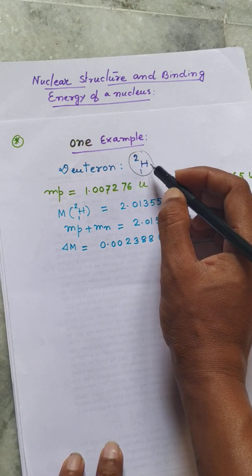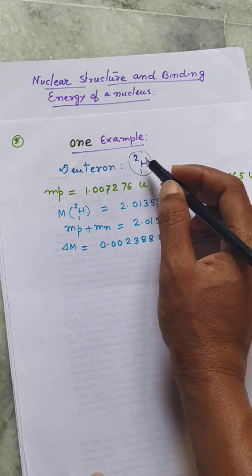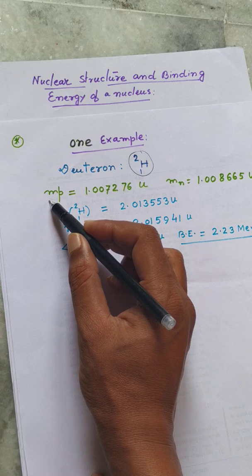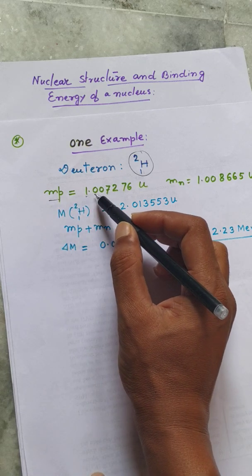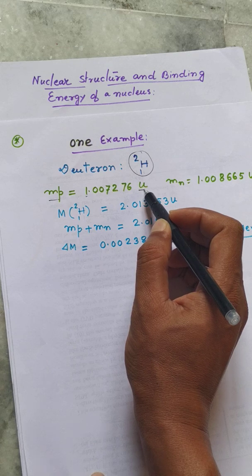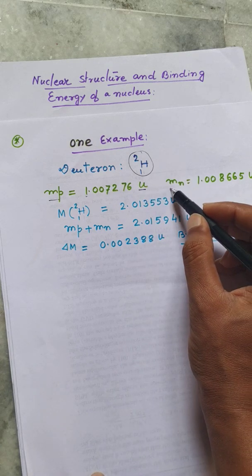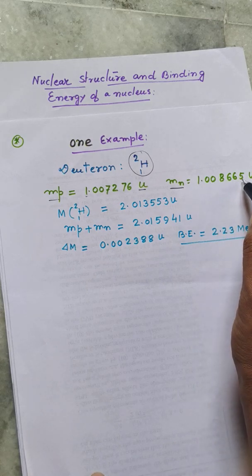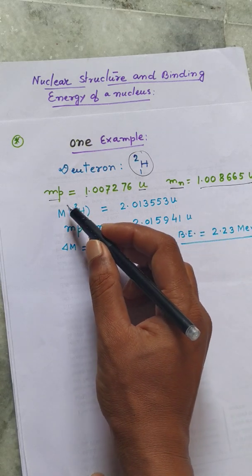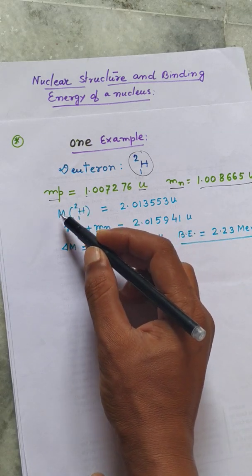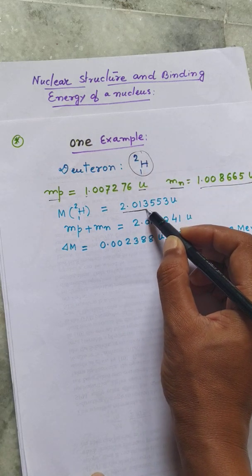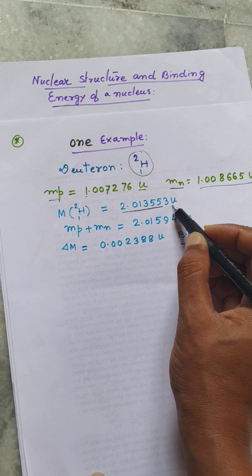So, in the nucleus there is one proton and one neutron, and we know the mass of a proton, mp, equals 1.007276 atomic mass unit, and the mass of a neutron, mn, equals 1.008665 atomic mass unit, and the experimentally determined mass of this nucleus is 2.013553 atomic mass unit.